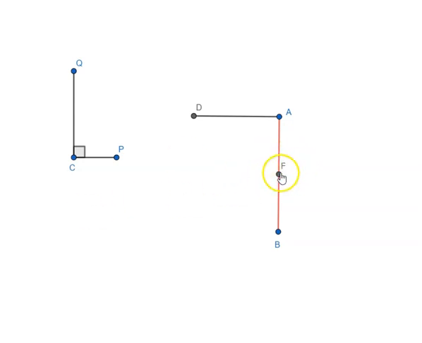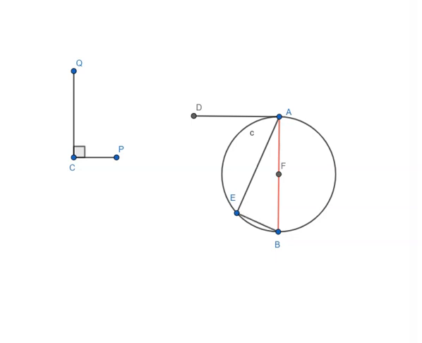And now what we do is, keeping the center at F, we draw a circle of radius AF or BF. Now remember, we have to have an angle in the segment. So let's take a random point on the circular segment. It doesn't matter where this is. And let's join AE and let's join BE.